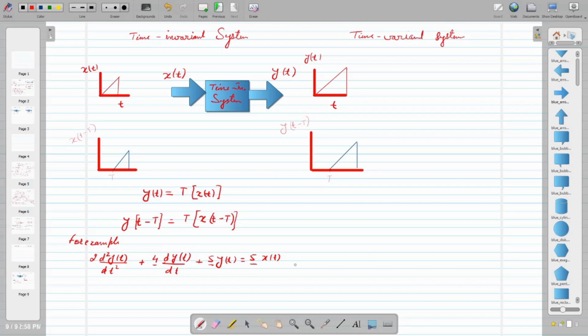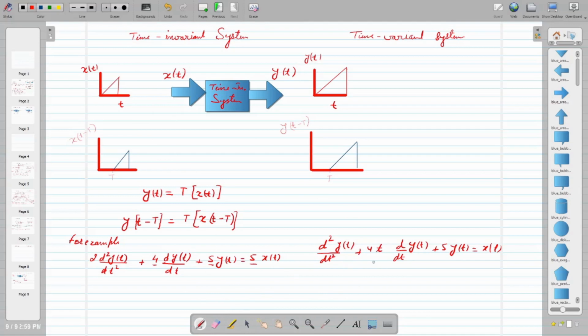Otherwise, if I represent the equation by, say, a simple example, the double derivative of y plus 4t into the single derivative of y with respect to time, plus 5y(t) is equal to x(t). Here the coefficient is having the term t, which depends upon the value of time.